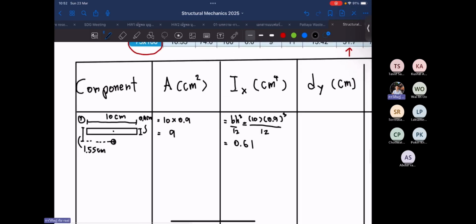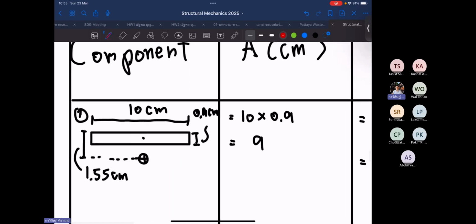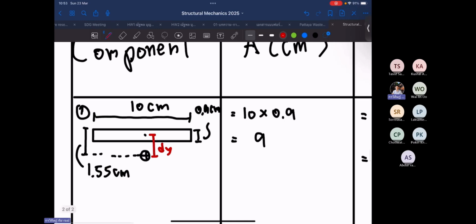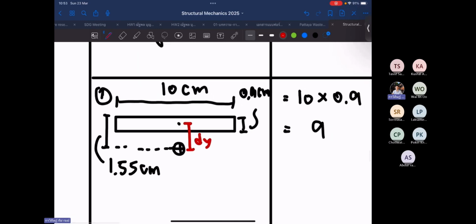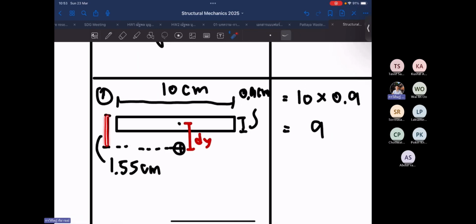About 0.61. Then add A dy squared, where dy is the distance from the component centroid to the shape centroid. We know the overall length is 1.55, but this centroid is at the middle of this component, right?